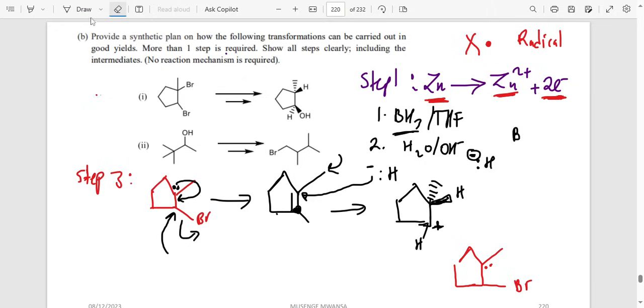The next thing that happens then is your second reactant comes in. You can use hydroxide, which is a stronger nucleophile. The hydroxide is going to come and attack.